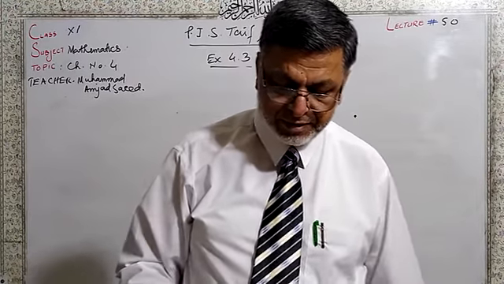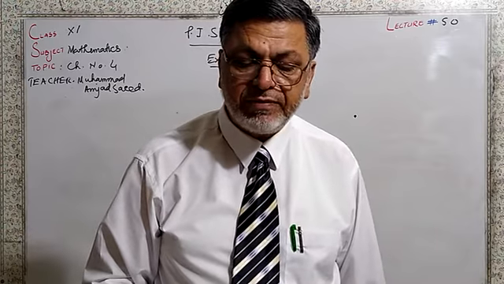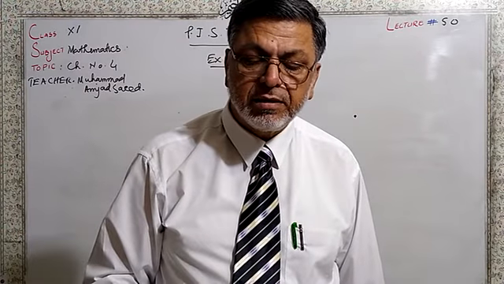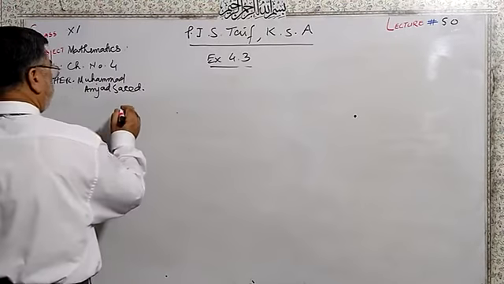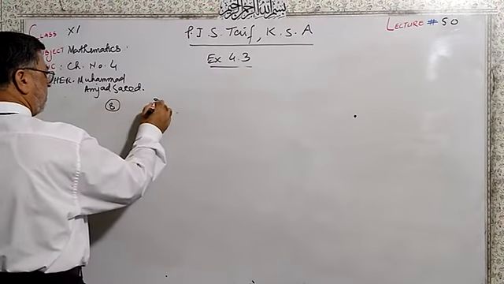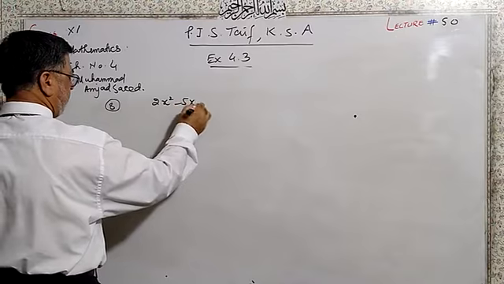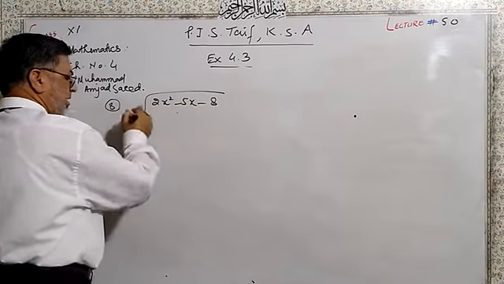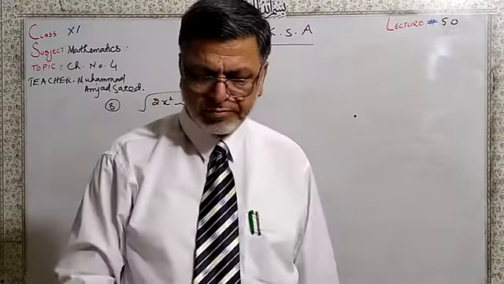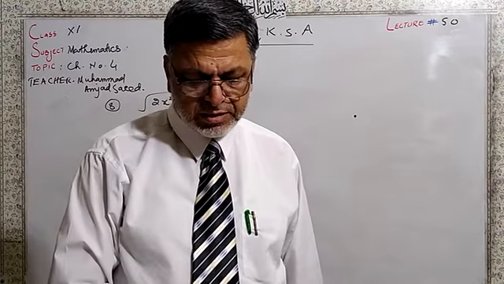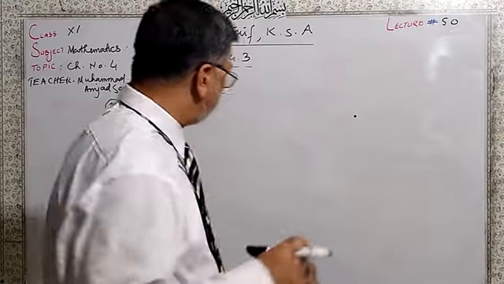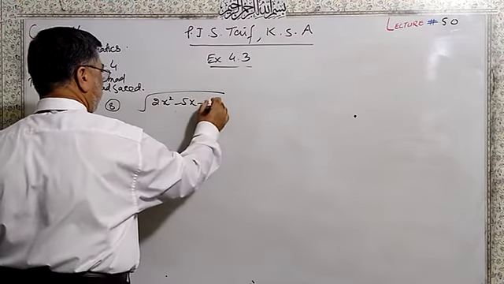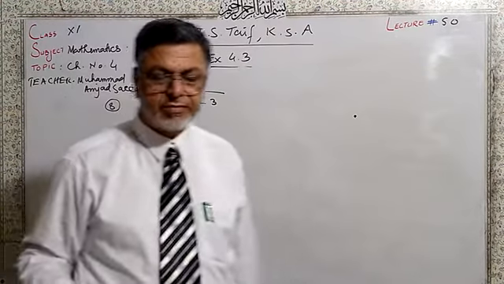Here we have the square root of 2x square minus 5x minus 3. Question number 8. Yes, 2x square minus 5x minus, no, not minus 8, this is minus 3 under root.